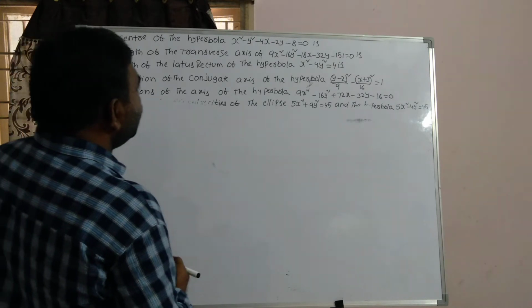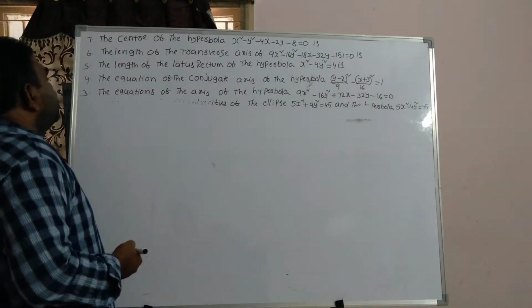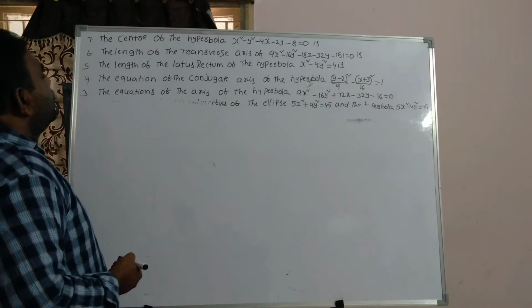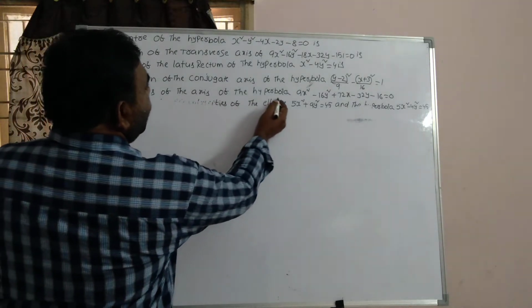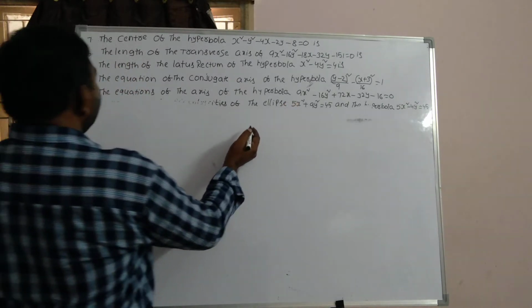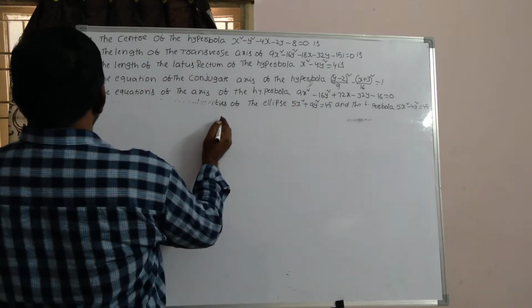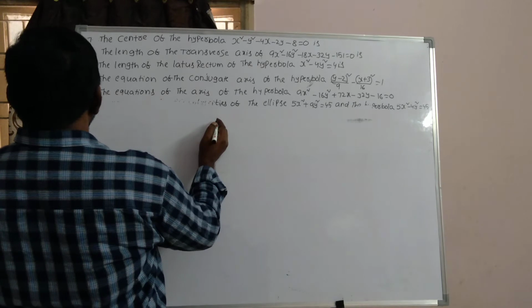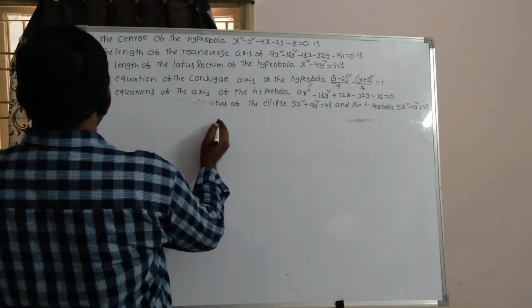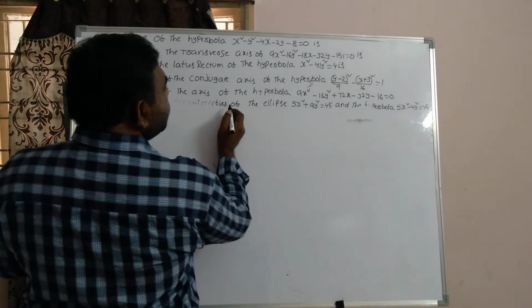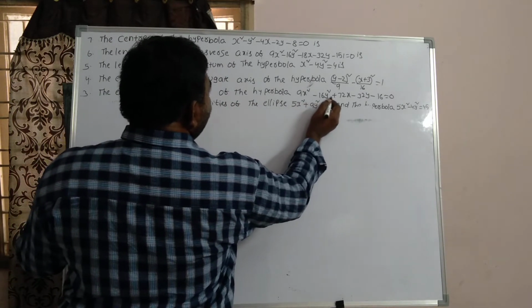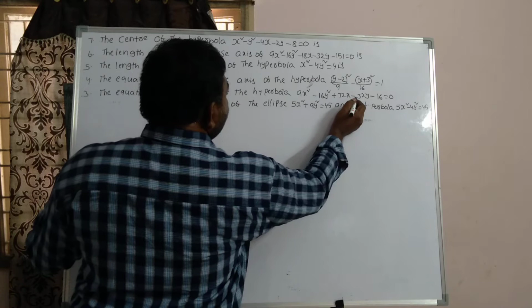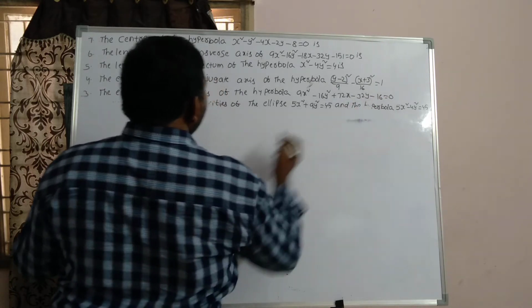Now explain the next one. The equation of the axis of the hyperbola 9x square minus 16y square plus 72x minus 32y minus 16 equal to 0.